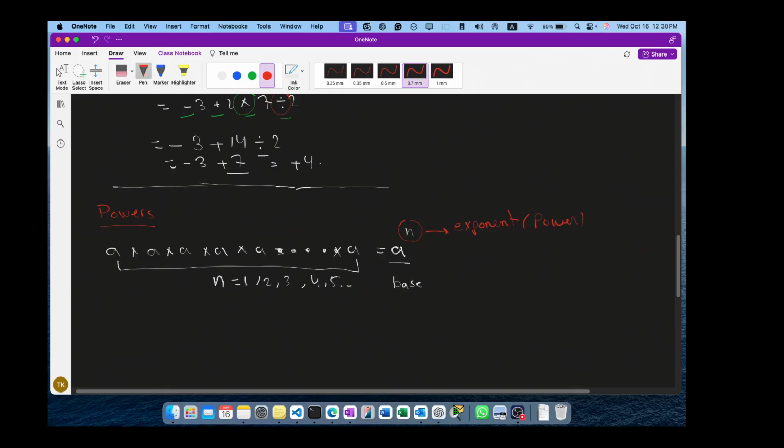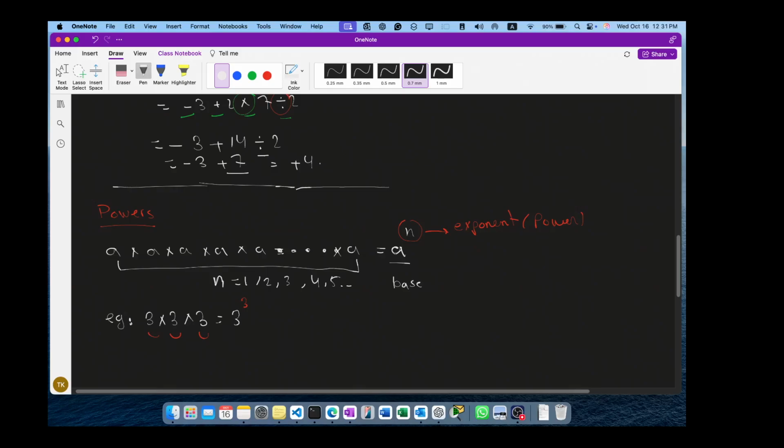Okay, let's give an example. I have 3 times 3 times 3. How many 3's do we have here? I have the base, 3, and how many 3's do we have? 1, 2, 3. I have 3 power 3.